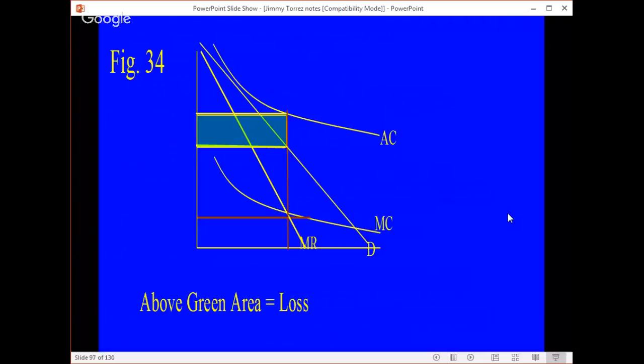The last one here, I have a natural monopoly who just happens to have a point where marginal cost equals marginal revenue, where the price they would charge is below average cost.